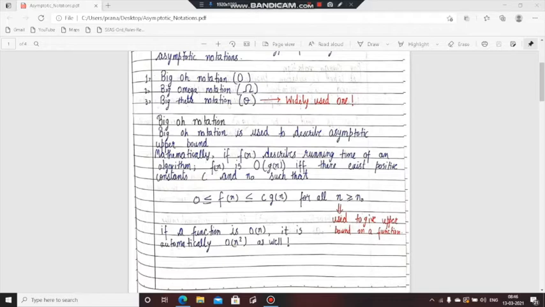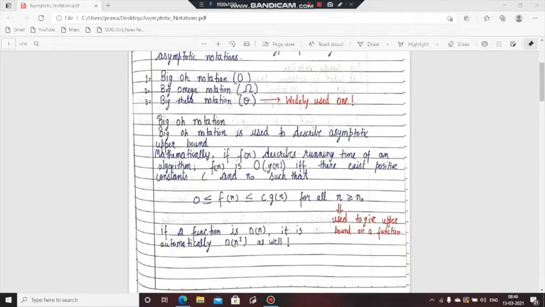If there exist positive constants c and n naught such that f(n) lies between 0 and c times g(n) for all n greater than or equal to n naught, then g(n) gives the upper bound on the function.